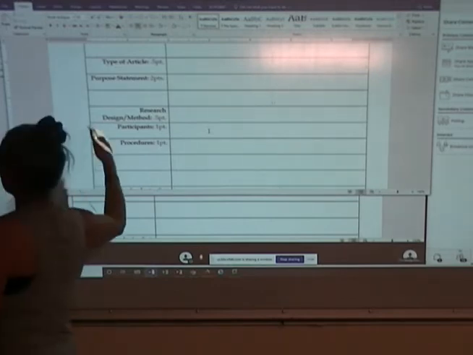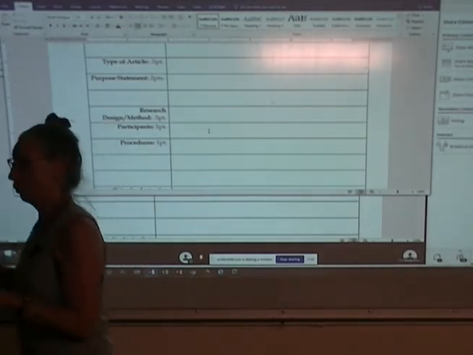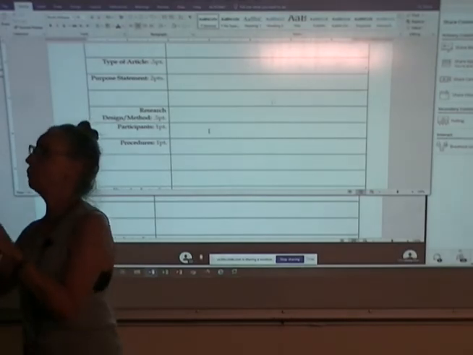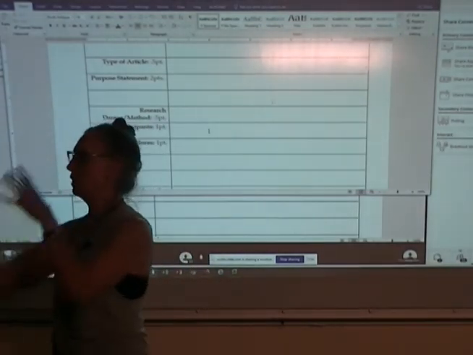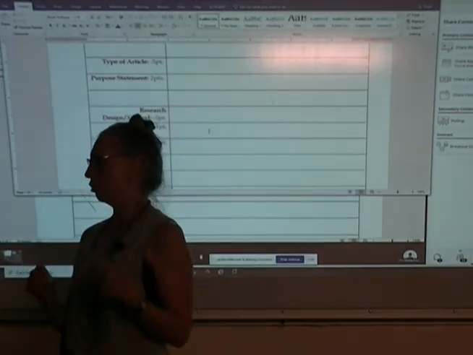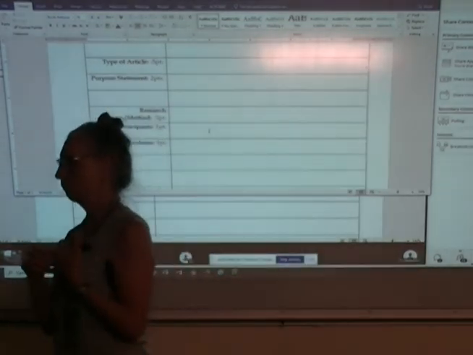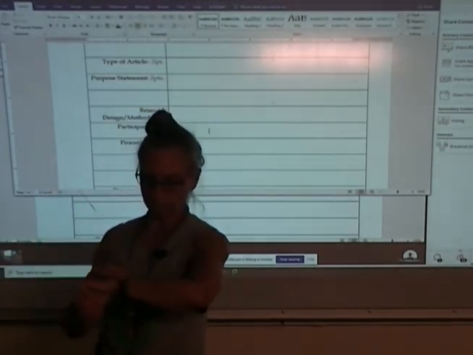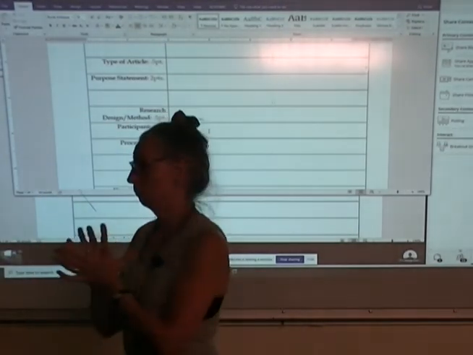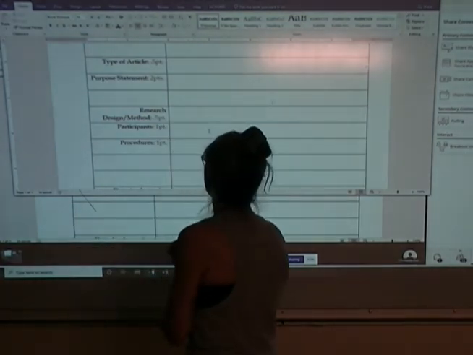So being able to summarize is really important. And it will help you then with your other classes because you'll be able to read a paper, summarize it, use that information in your own work. Questions?